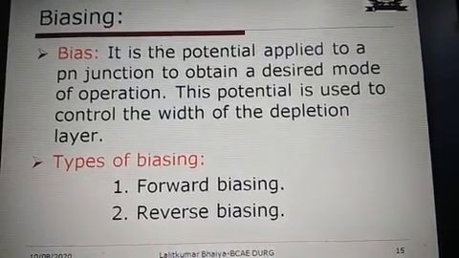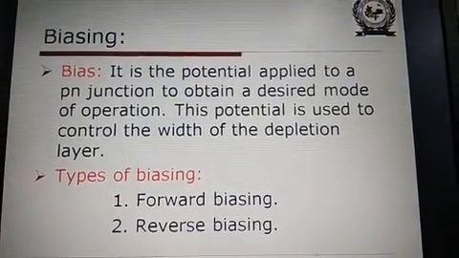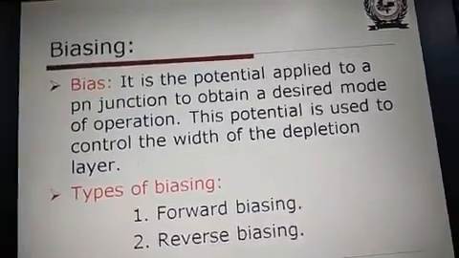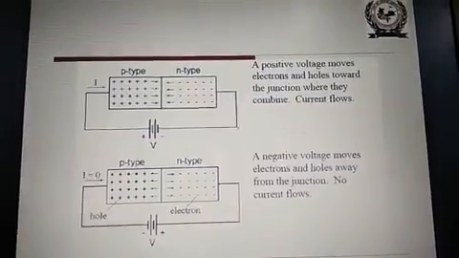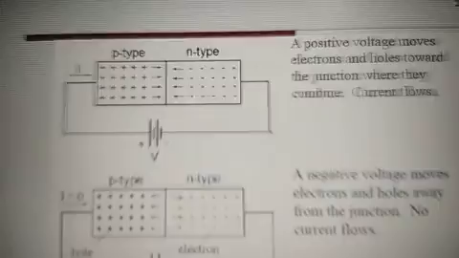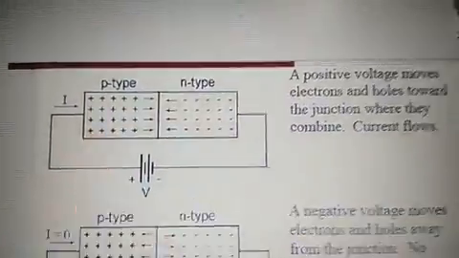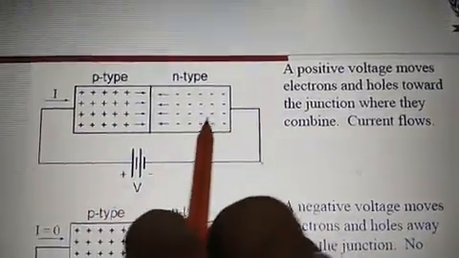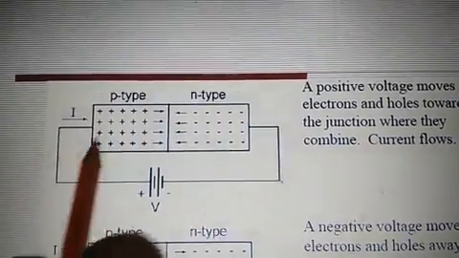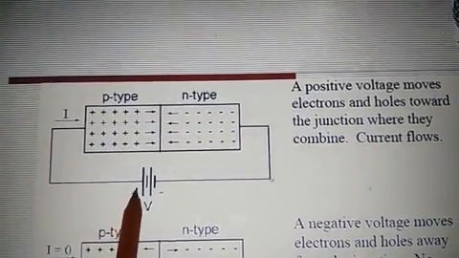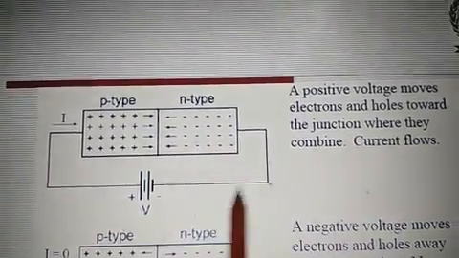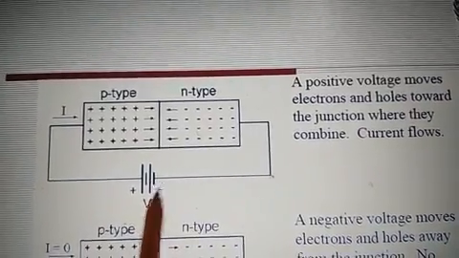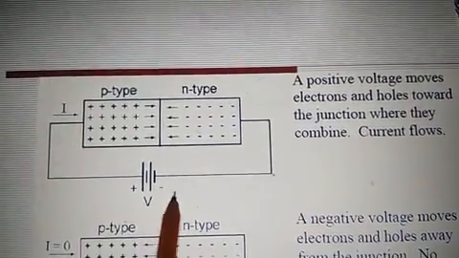And there are two types of biasing: forward biasing and reverse biasing. You can see this is P type material, this is N type, and this is the PN junction. P is connected to the positive of the battery and N type is connected to the negative of the battery. This is called forward bias.